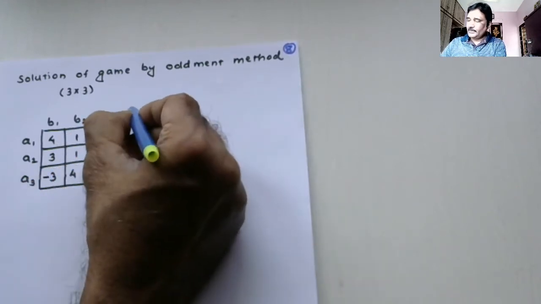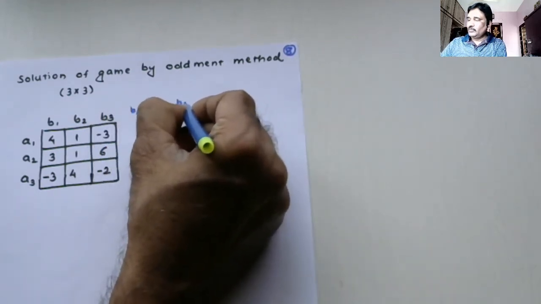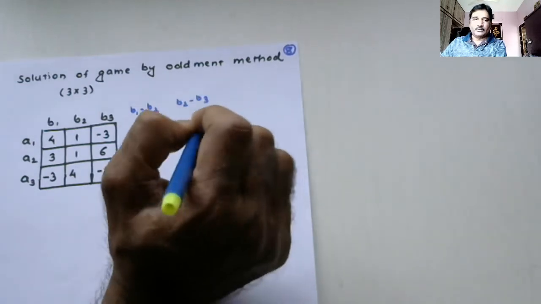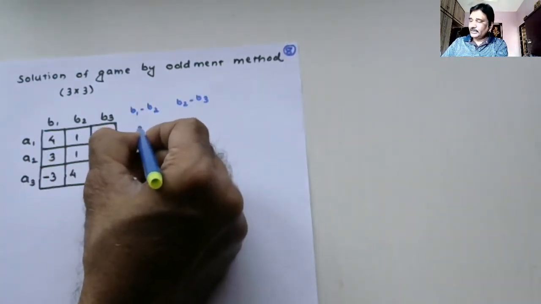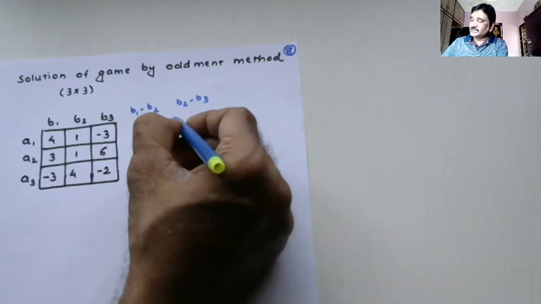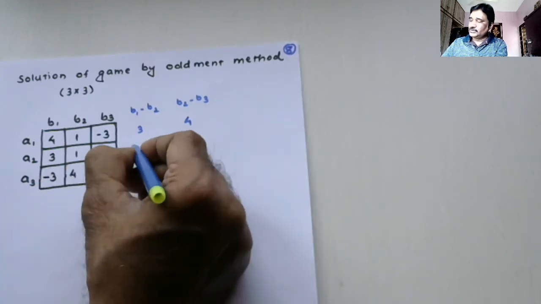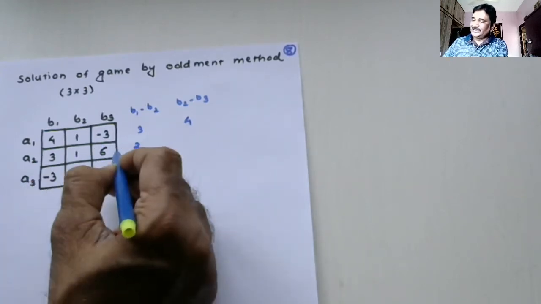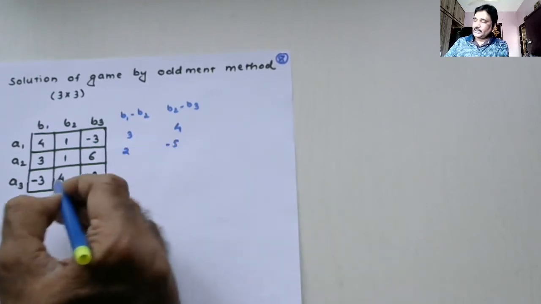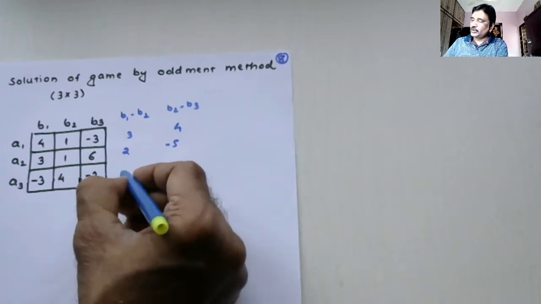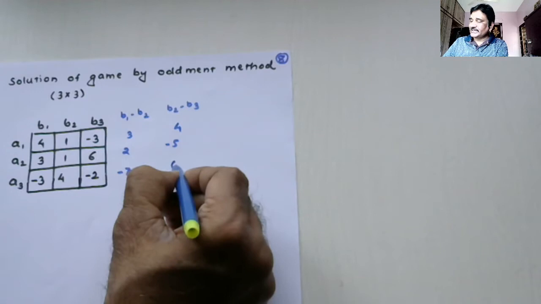Just look here, b1 minus b2 and then b2 minus b3. All right, so let's find: 4 minus 1 is 3, 1 minus 3 is minus 2, then 3 minus 1 is 2, and 1 minus 6 is minus 5. Then minus 3 minus 4 is minus 7, and 4 minus 2 is 2.